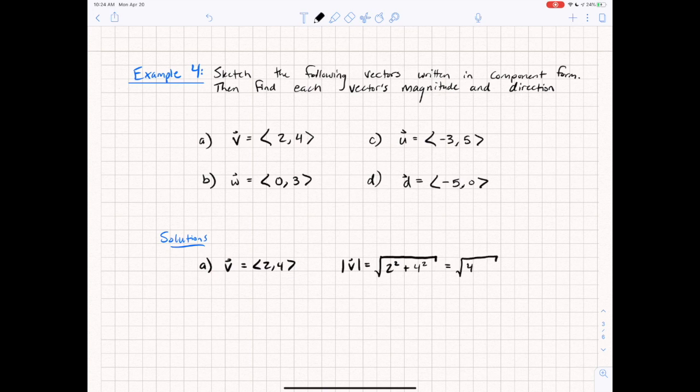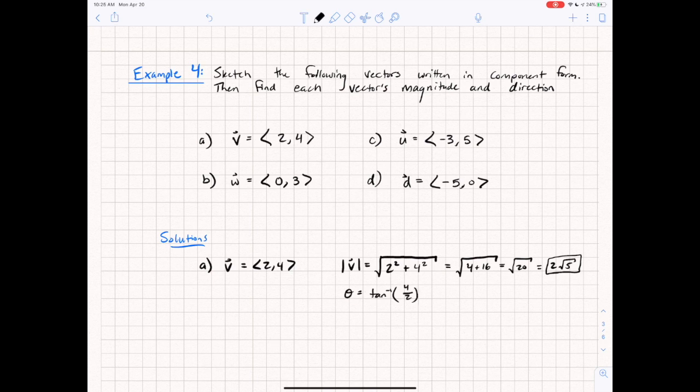So this would be the square root of 4 plus 16, which is the square root of 20. Now I want to reduce this. 20 can be split into 4 times 5. Square root of 4 is 2. Root 5 stays root 5. There's my magnitude. The direction is found by doing inverse tan of b over a, so 4 over 2.